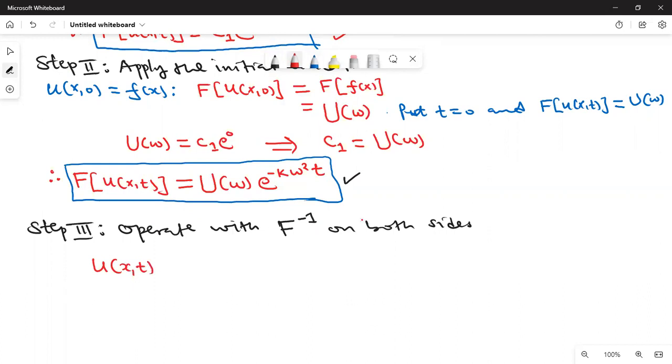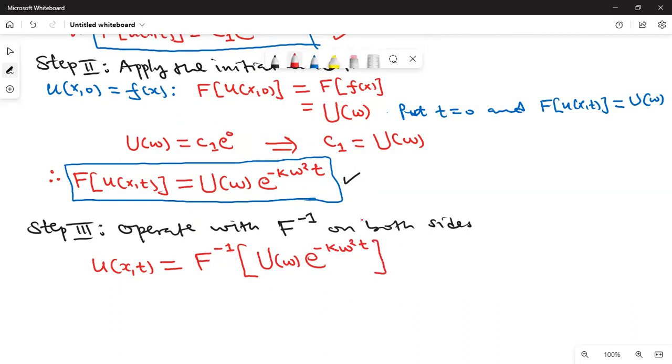Remember, F and F inverse are inverses of each other, so F inverse of F is an identity operator. So we remain with U of xt is equal to F inverse of U capital, a function of omega, times exponential negative k omega squared t.